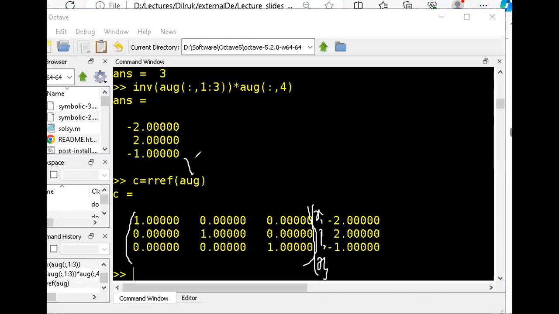You get the same solution. Here you reduce the augmented matrix using row operations, and when you perform row operations, the solution set remains the same.